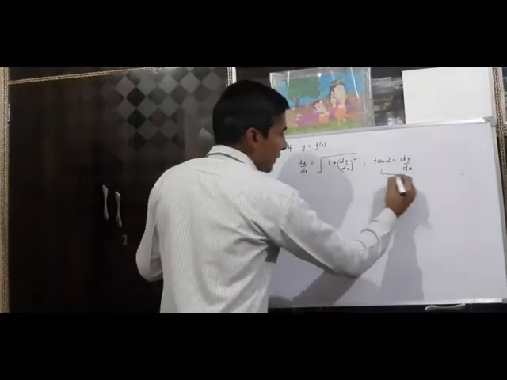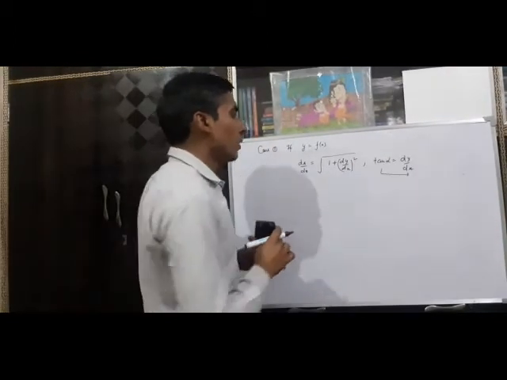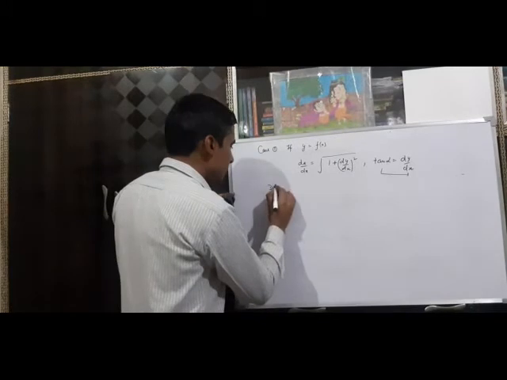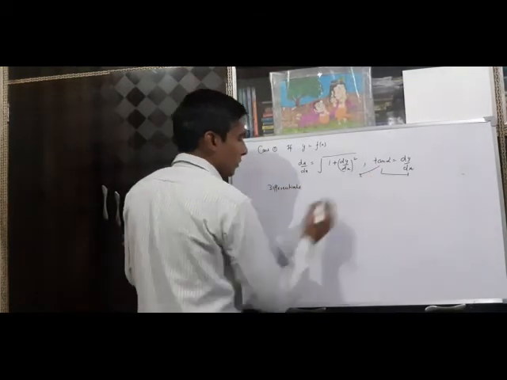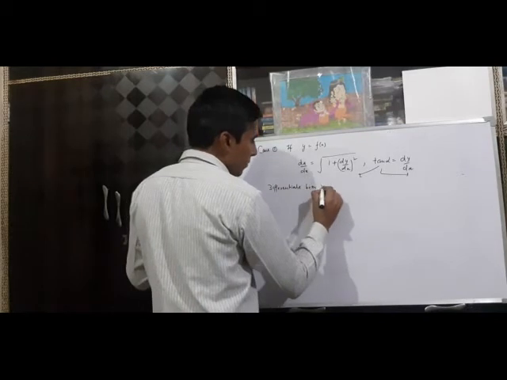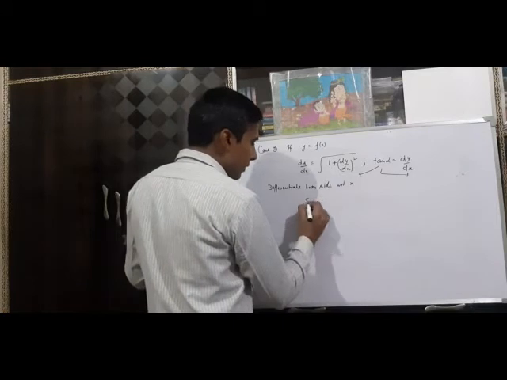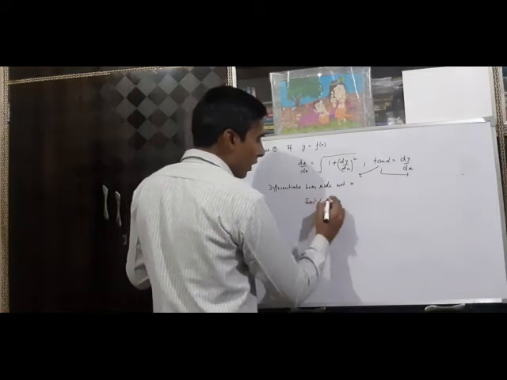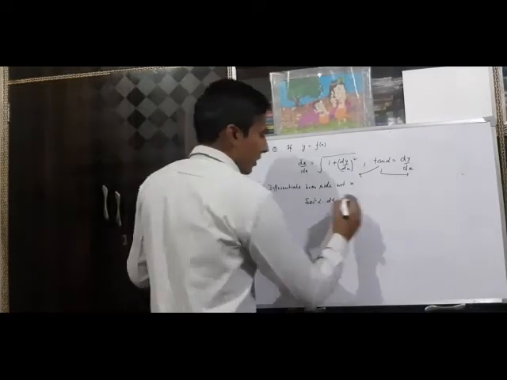So if we differentiate this with respect to x, both sides, what will we get? Differentiate this expression, both sides, with respect to x. So it will be sec square alpha d alpha by dx.